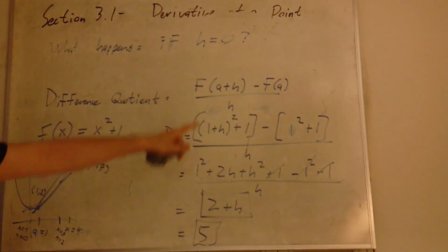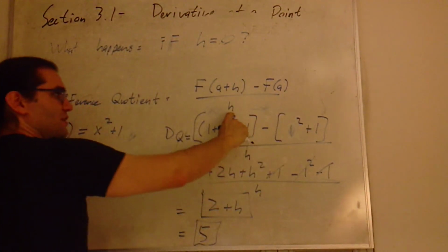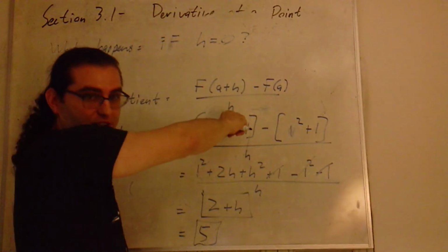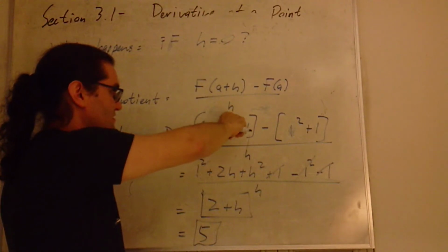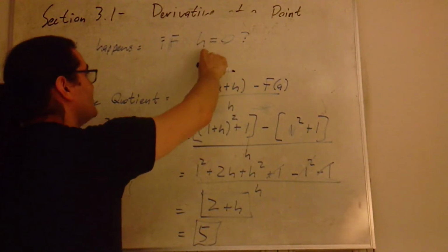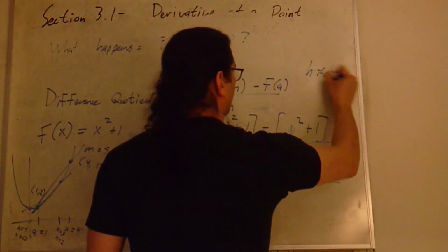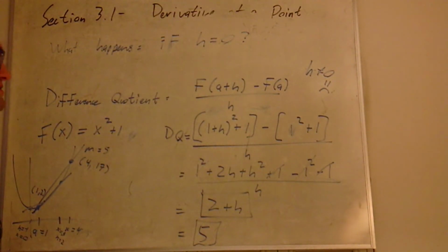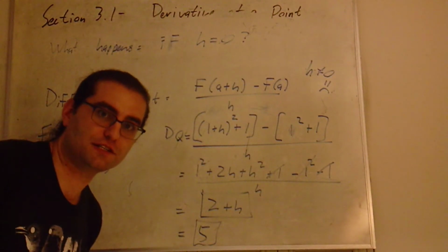What happens mathematically? Here, if h equals 0, we got big problems. H is in the denominator. It's not going to work. We're pretty boned. This is no good. So, h can't equal 0. It's just not going to work for us. Unless we cheat.